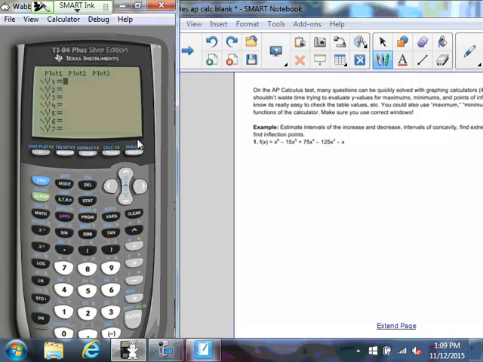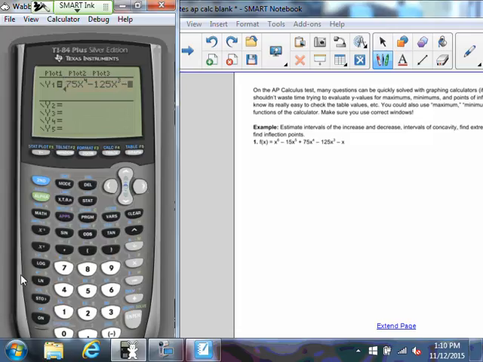All right, so we're going to put in, you guys will be faster than me, it takes me a bit, so x raised to the 6th minus 15x to the fifth, plus 75x to the fourth, minus 125x cubed, minus x.